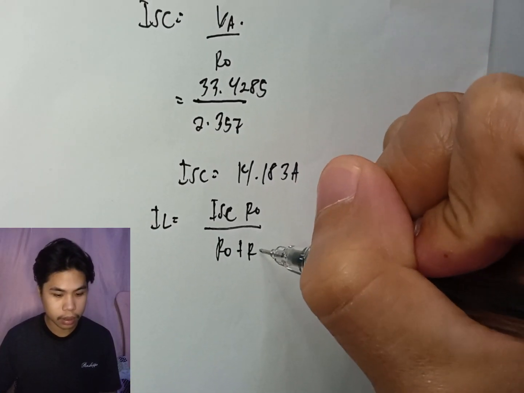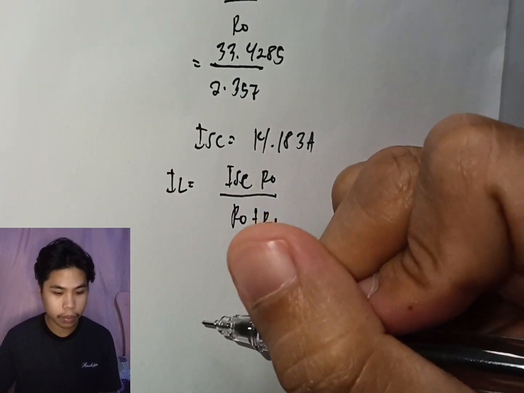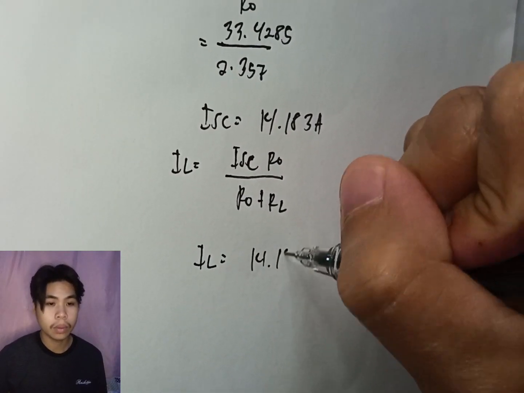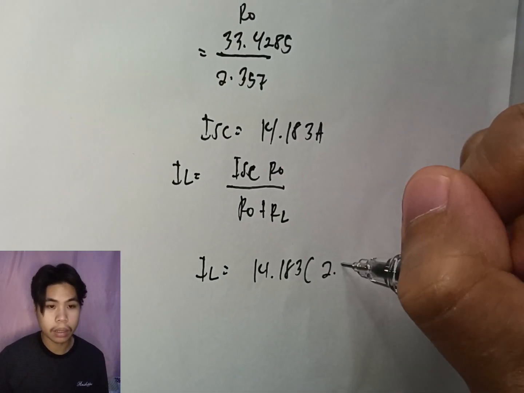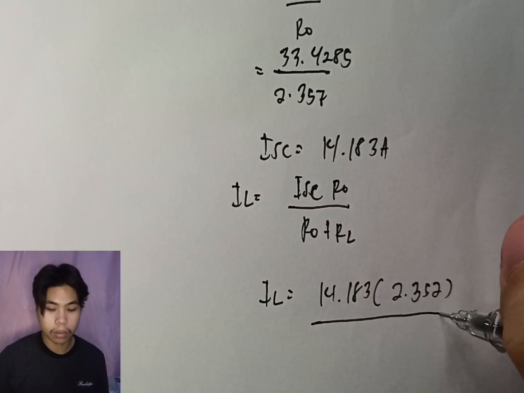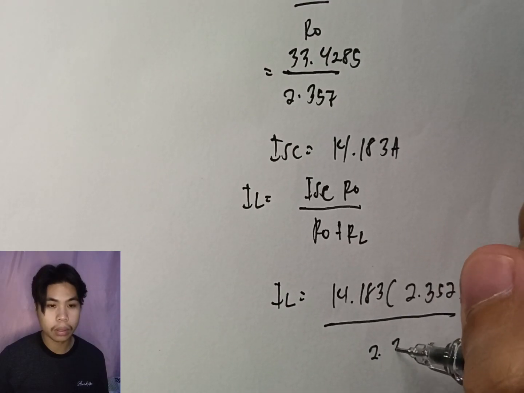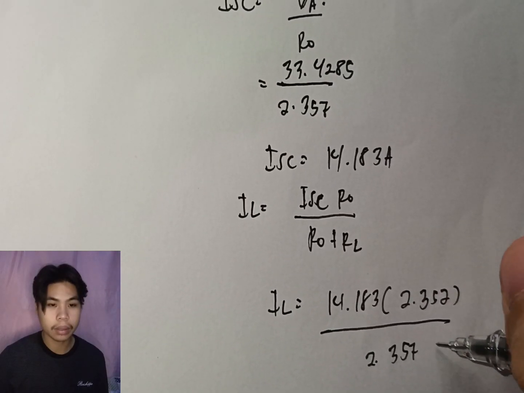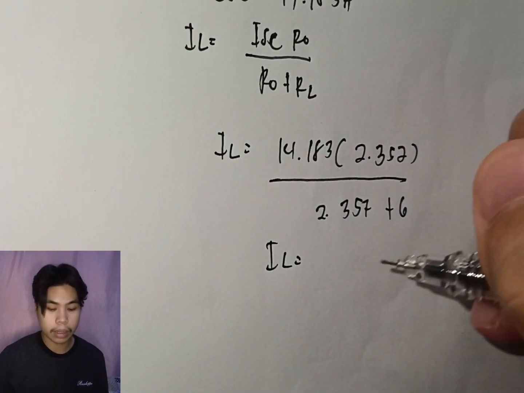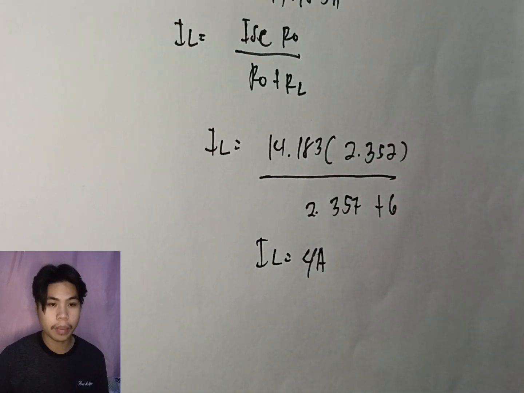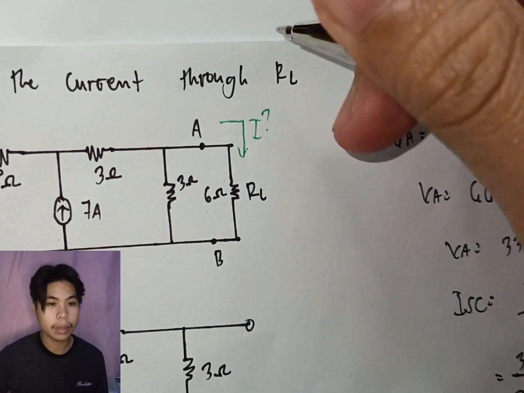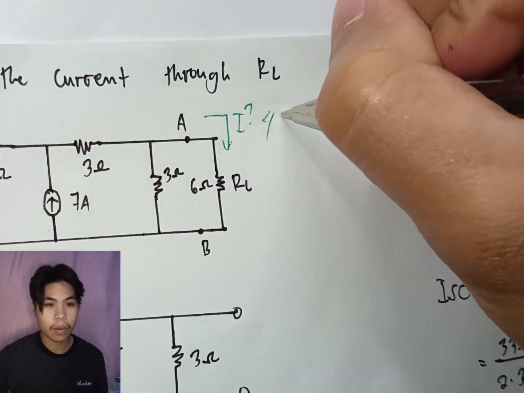So IL is equal to 14.183 multiplied by 2.357 all over by 2.357 plus 6, and yung IL natin is equal to 4 ampere. So yung current flowing here ay 4 ampere.